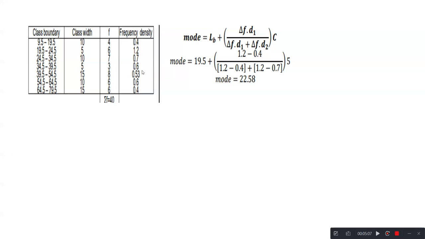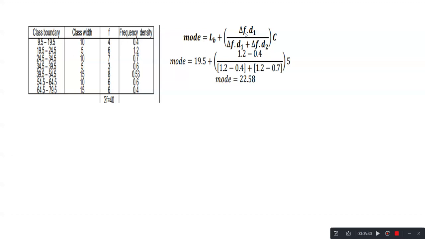Now, how do we determine the modal class? The modal class, we said, is the class with the highest frequency density. So this is going to be 19.5 to 24.5. When I reach here, I just pick my 19.5 because it is what I need to use here. Then C is 5 also.